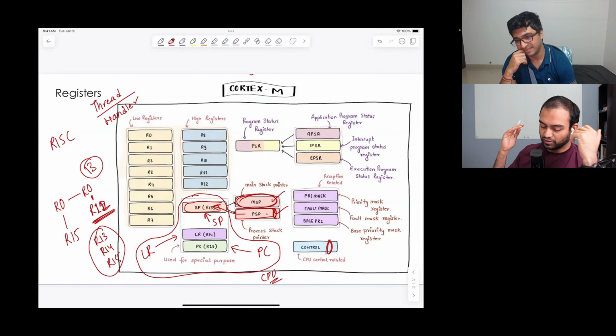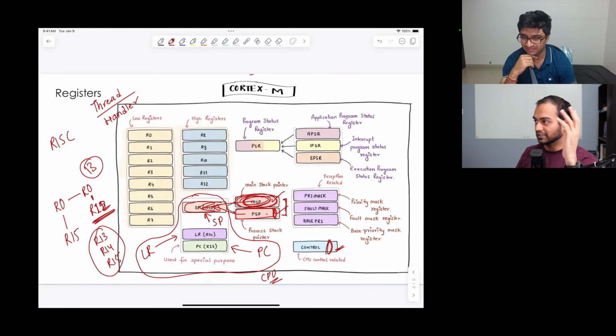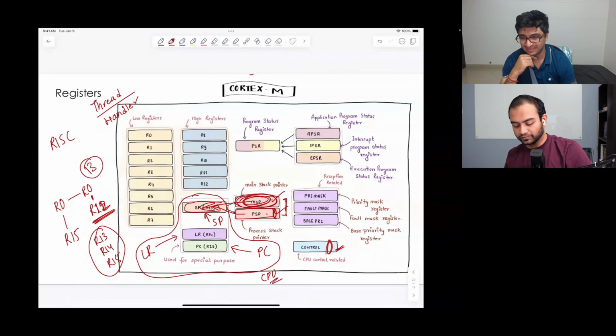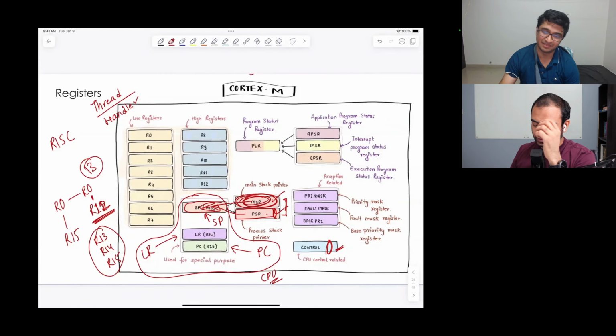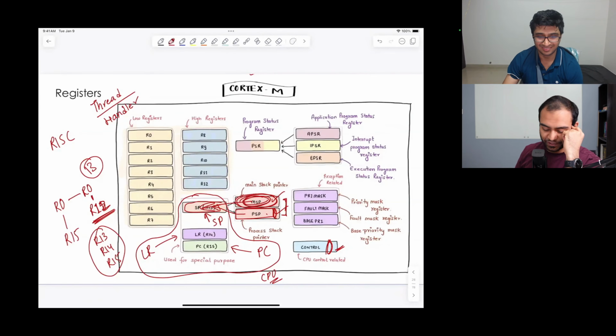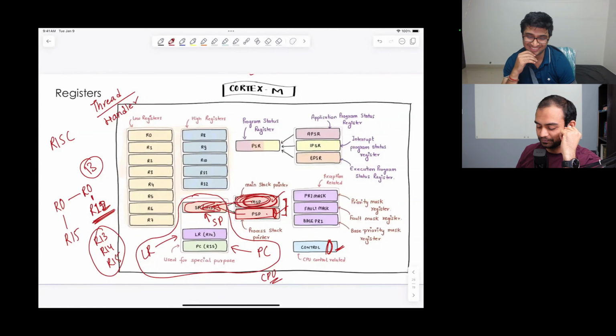The CPU will continue to use R13. Whenever we change using this control register, whatever is the value in the stack pointer shadow register will get copied to R13. That's the idea. But the CPU continues to use only R13. Yeah, this was something that I did not know. Okay, cool. Let's move on.